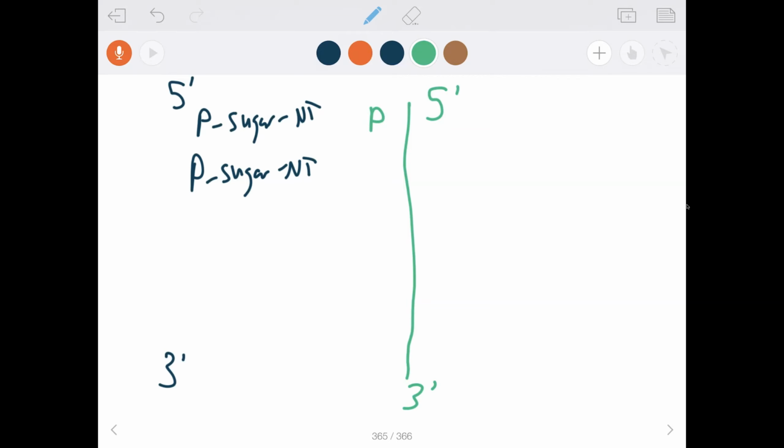It would be phosphate, sugar, nucleotide. Phosphate, sugar. So instead of the nucleotides facing each other, this nucleotide on the left strand would be facing the backbone or the phosphate of the other strand. So there's a really easy way to fix this. Just flip one of the strands.